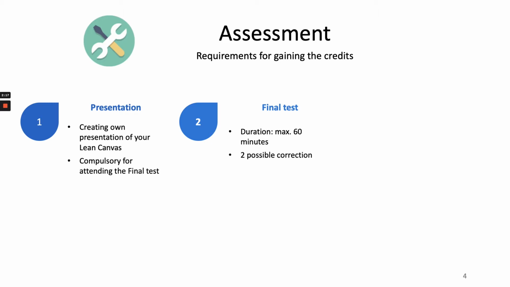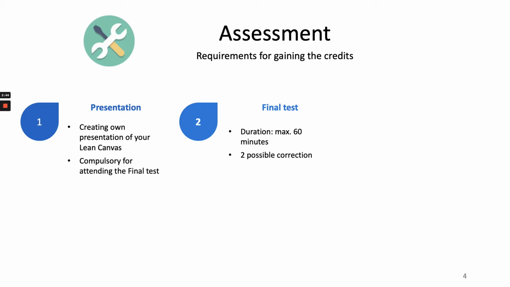And I would like you to send me the presentation by email before you go to the final test, because if you go to the final test and you don't send the presentation, you can't do the test.